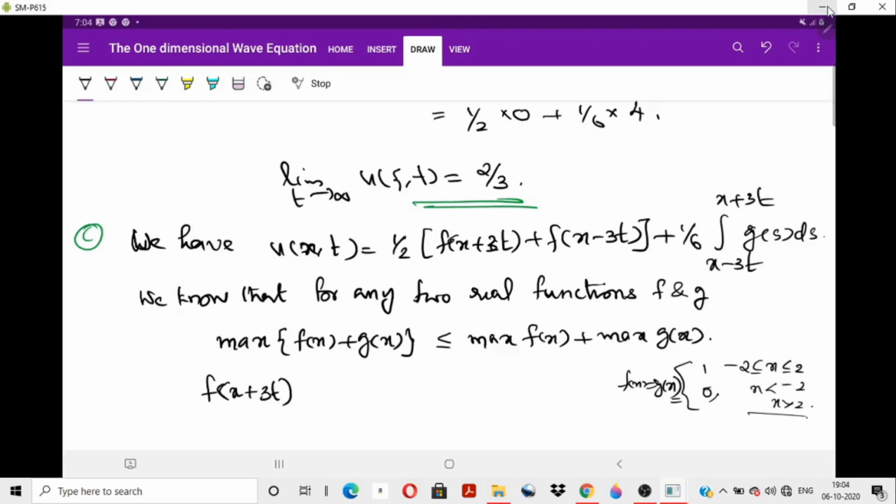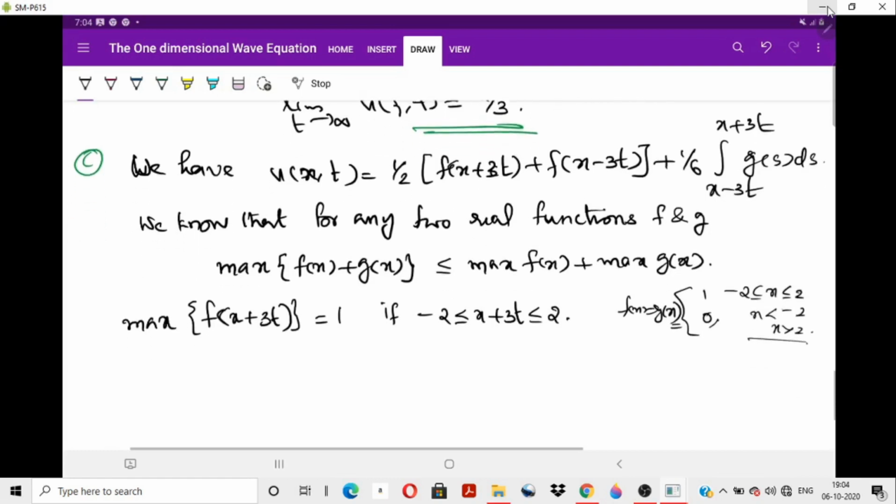So the maximum of f of x plus 3t: the values are 0 and 1, and the maximum is equal to 1 if minus 2 is less than or equal to x plus 3t, which is less than or equal to 2.